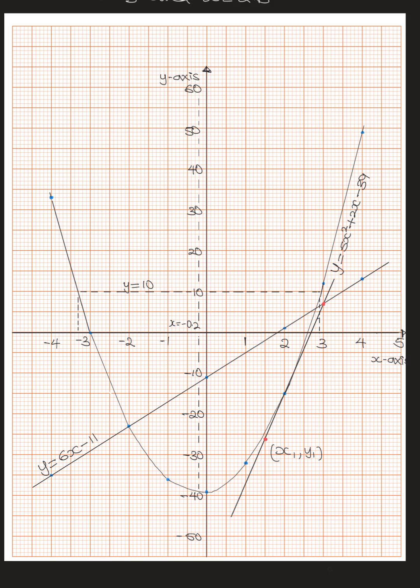X is 1.5, that is x1 is 1.5. From that same point, what is y1? Y1 is 6 small boxes from minus 20. That is going to be minus 26.